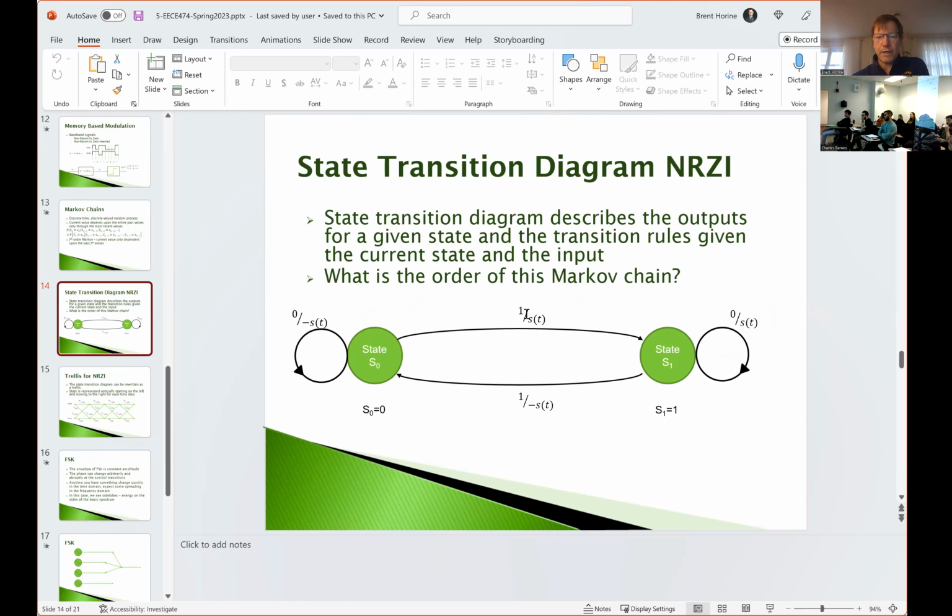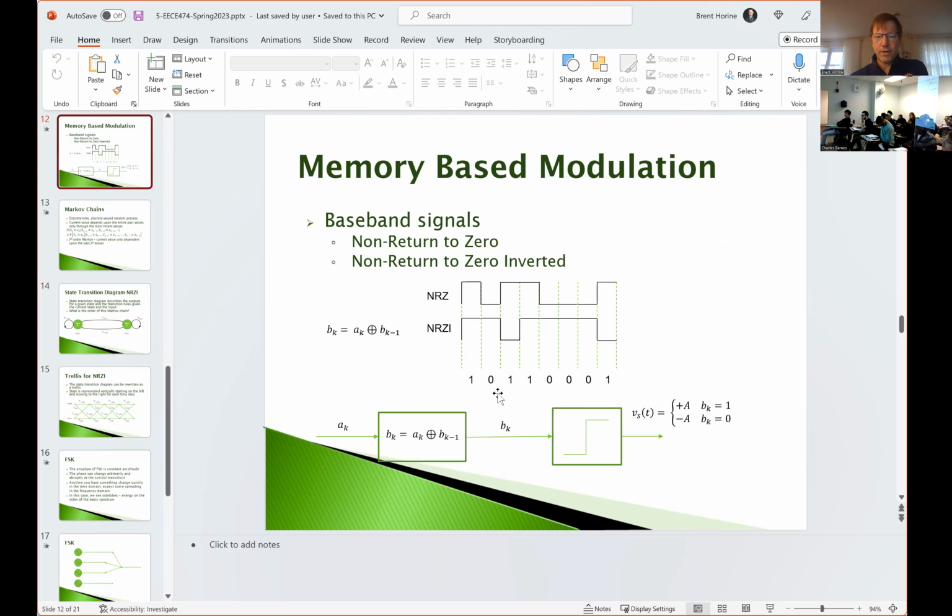If we get a 1 in this case, then we would move to state 1. If we're in state 1 and we get a 1, then we'll move to state 0, right? And if you get a 0, then you're basically going to stay at that same state, right? So that maps out this function right here.